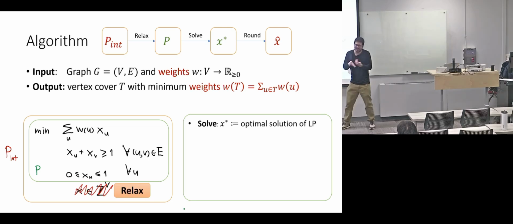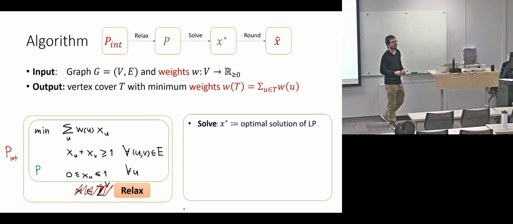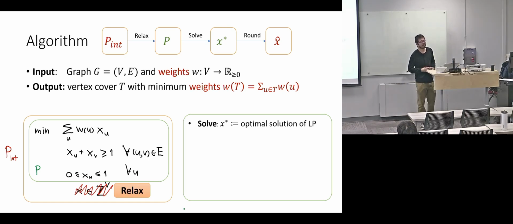If it's really close to 0, maybe it's not really useful. That's the intuition. So maybe the rounding would be you start at the highest fractional ones, round those up to 1, and just keep doing that until you have a valid solution. That's a totally valid one. Let me think if it works.